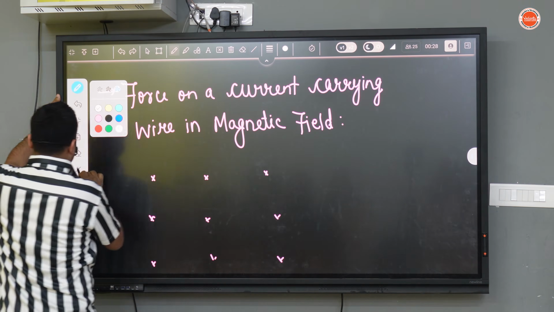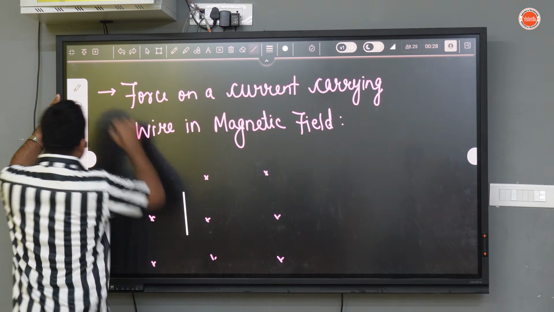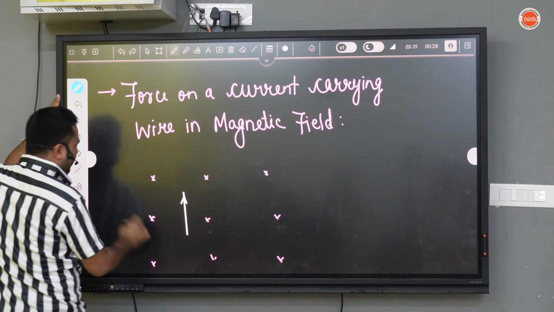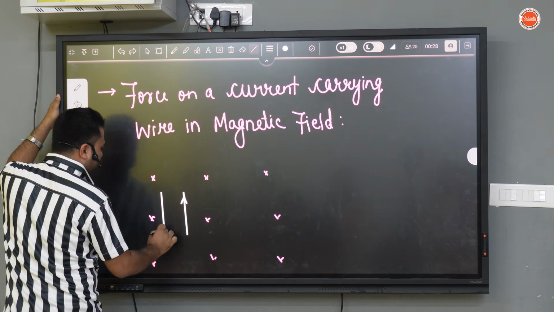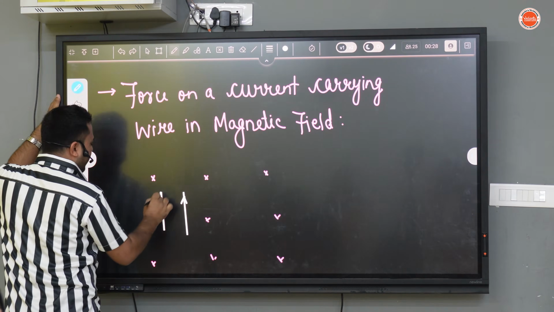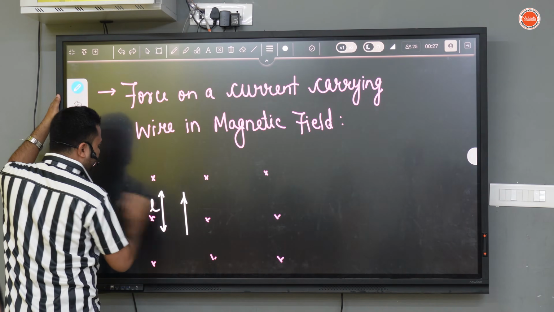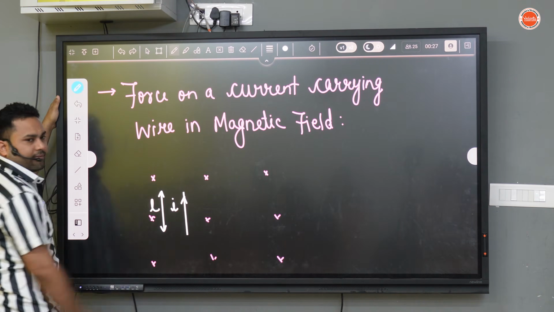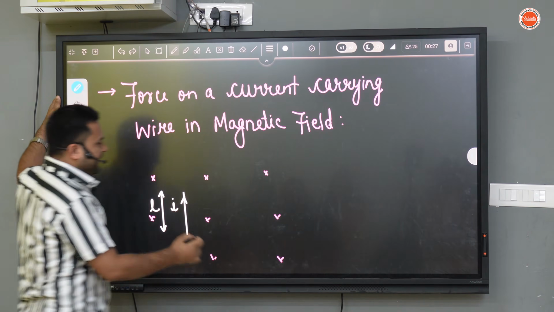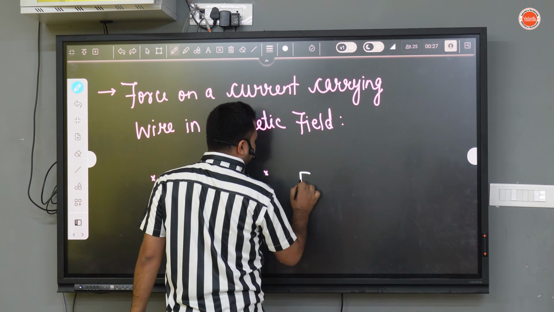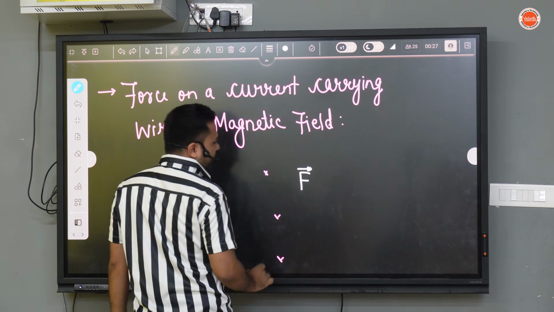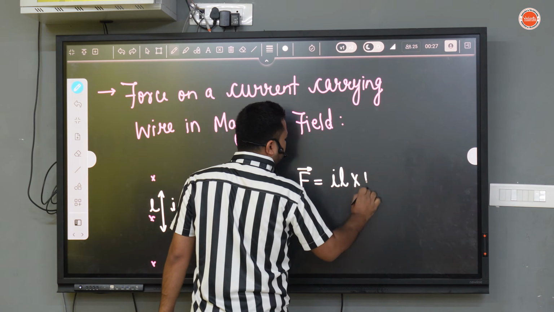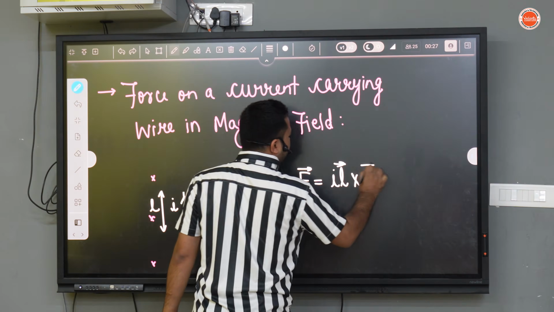Suppose the length of the wire is L, and current I is flowing in the wire in this direction. So it will experience force. How much? Write: the force experienced by this wire will be IL cross B.